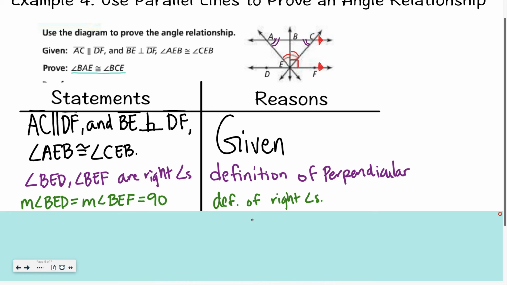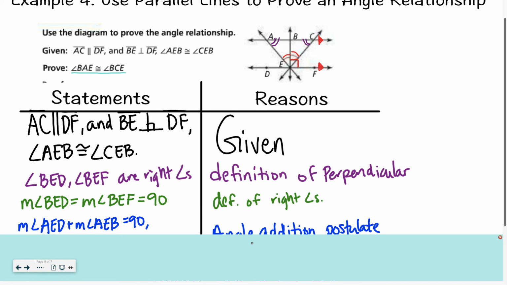Now, if I look at my drawing and I look at angle AED, and I add it to the angle AEB, that forms that first right angle of BED. So instead of writing angle BED, I'm going to start breaking it up a little bit. So I have the measure of angle AED plus the measure of angle AEB equals 90.